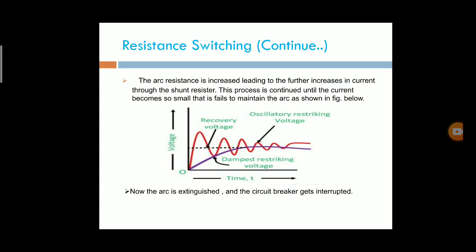This process continues until the current becomes so small, equal to the zero position, that it fails to maintain the arc.